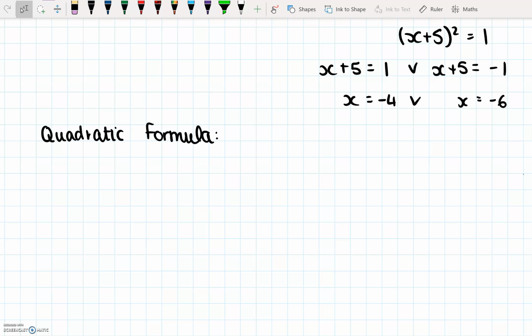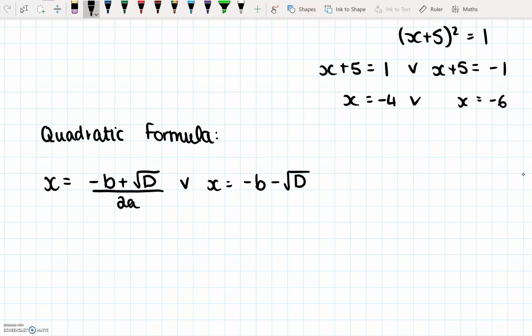We teach it as being made up of two parts because we're going to use part of it separately later. So x is equal to negative b plus the square root of d over 2a, or x is equal to negative b minus the square root of d over 2a. This is the quadratic formula.